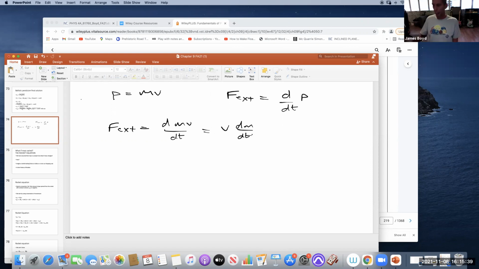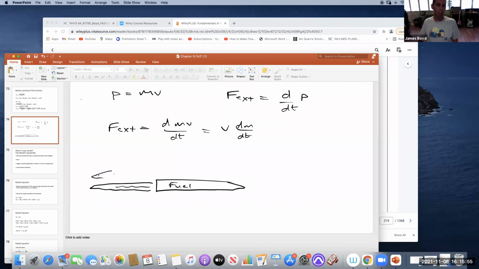A rocket in itself is basically just a long mass with fuel inside. So it has some fuel, and the fuel is lit on fire and it leaves. We're going to actually talk about this little bit of fuel leaving that we call dm, and we're going to call it negative. And we'll talk about that in a minute.